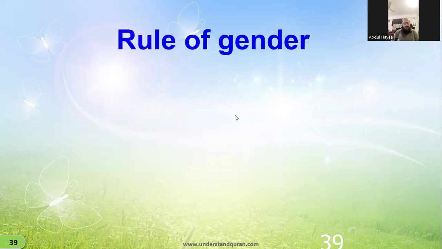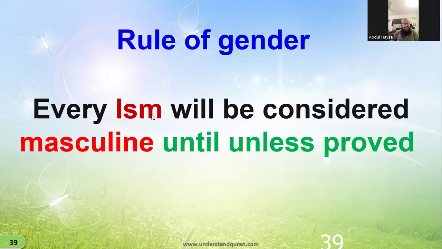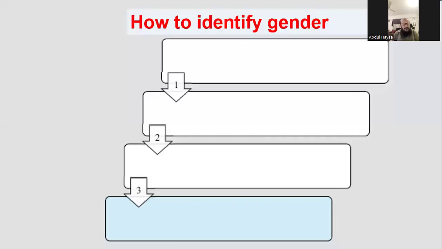Rule of gender. In Arabic, there is a rule called the gender rule. Every ism will be considered masculine unless proved feminine. And how to prove feminine? We have to pass it through three stages.